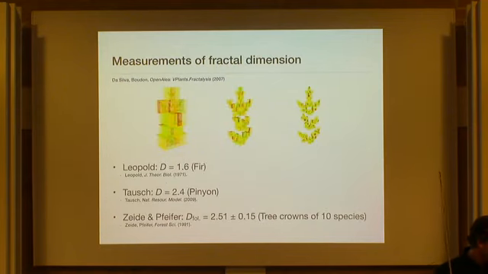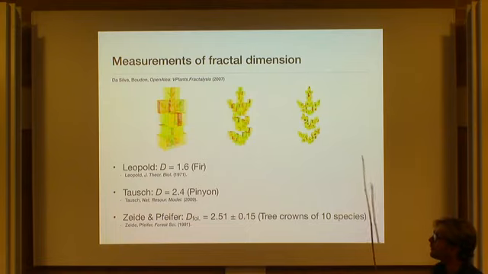So the usual way to measure this fractal dimension from an experimental point of view is using box counting methods. Well, surprisingly or not surprisingly, it has not been done many times with real trees, because they are very big and it's very hard to do, and there are thousands of branches, and so there are very few measurements.